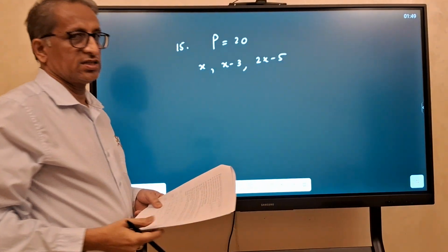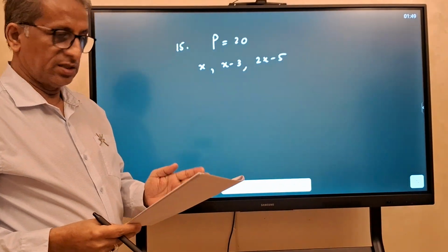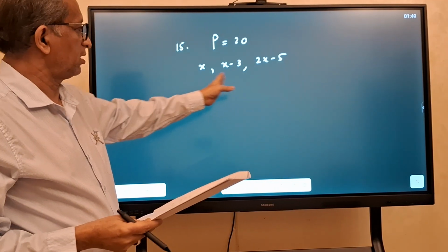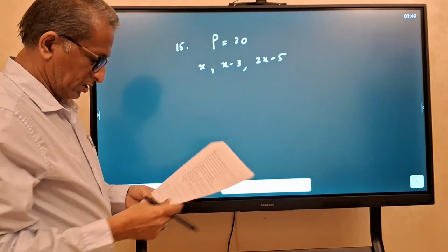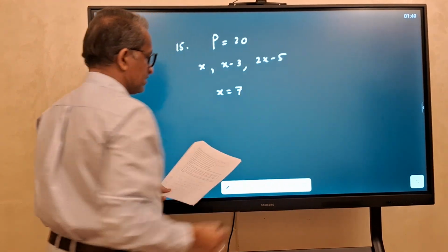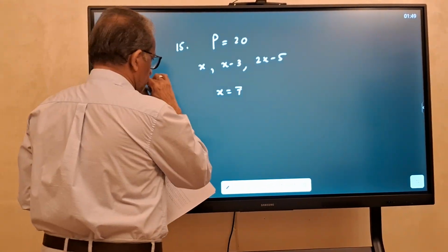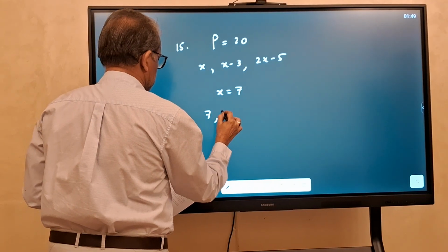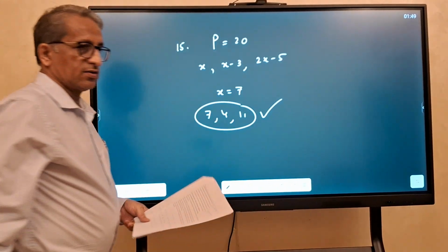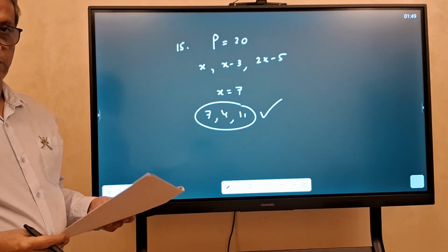These are the three sides. Please check. The same wording I converted in terms of x. Solve this, you get x is equal to 7. And the answer is 7, 4, 11. These are the answers for this question 15.